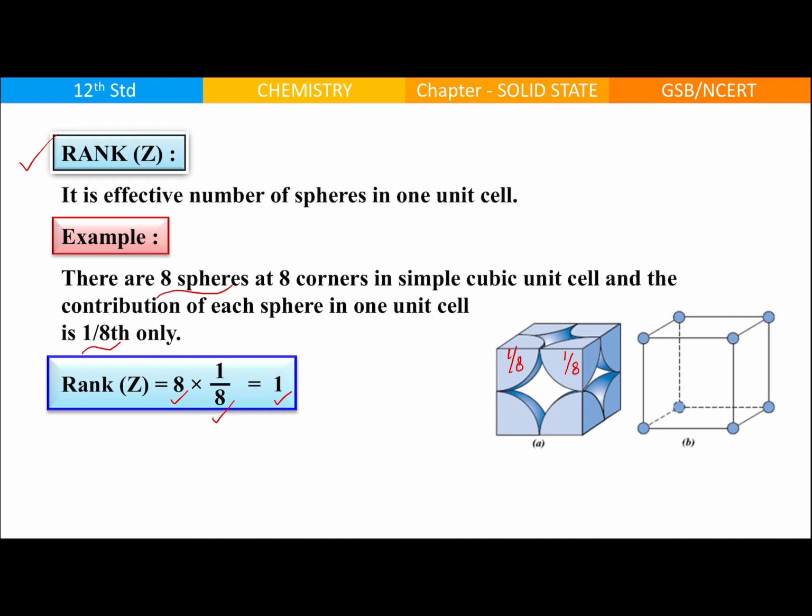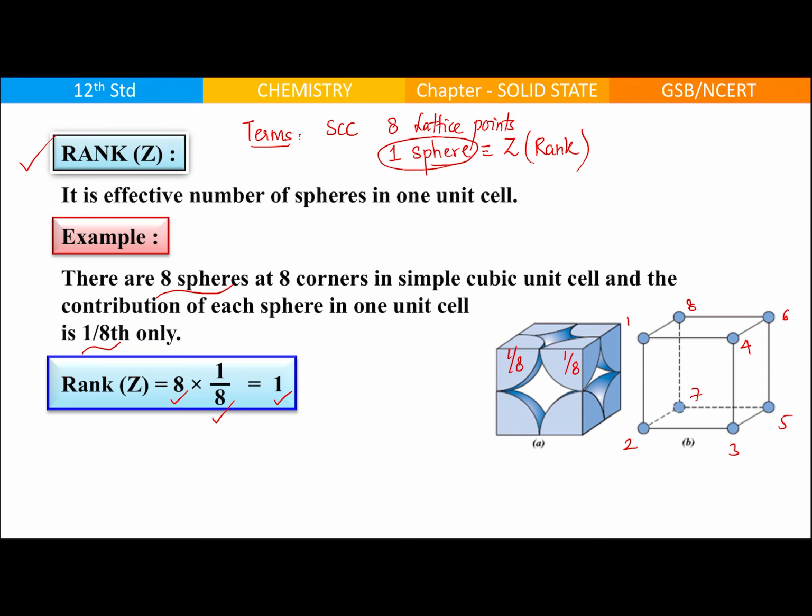Now you should be aware of the terminology. We say in SCC there are 8 lattice points, and 1 sphere is actually present. What is actually present is called the rank. So the rank is 1. Lattice points are 8.